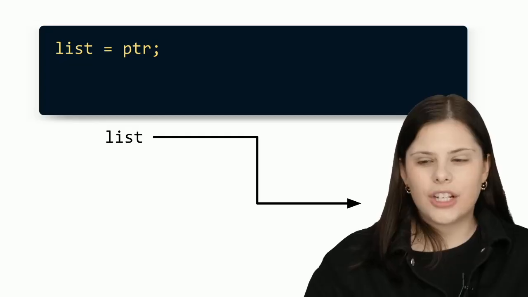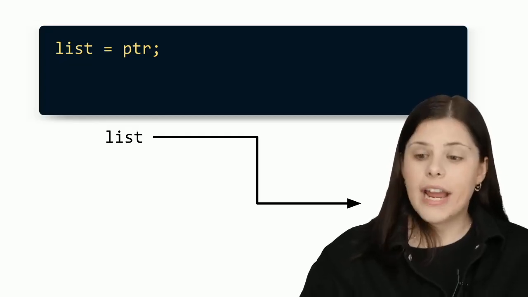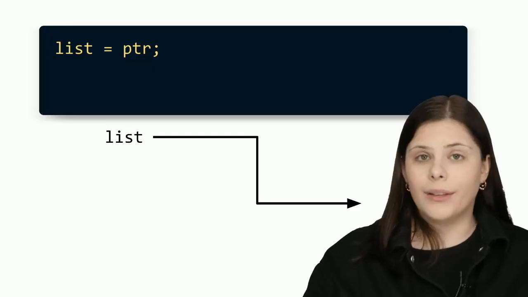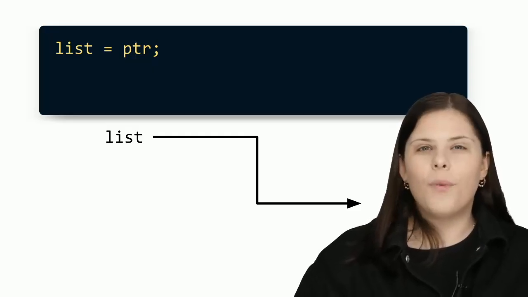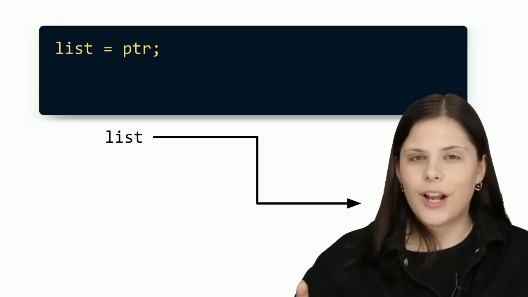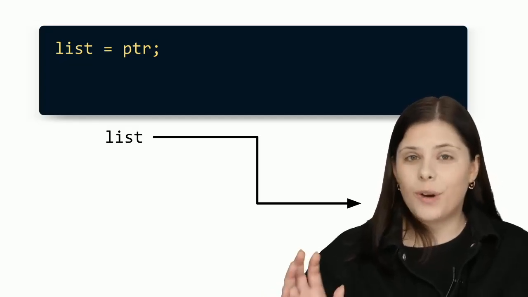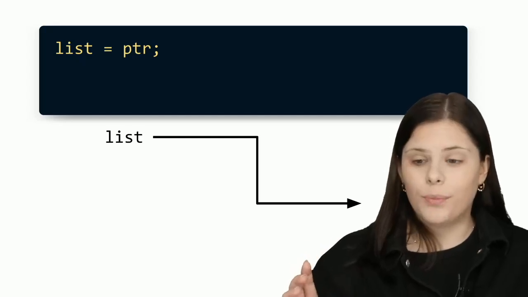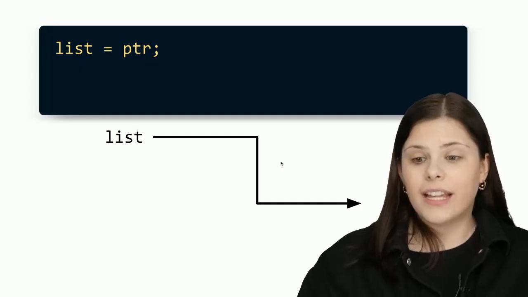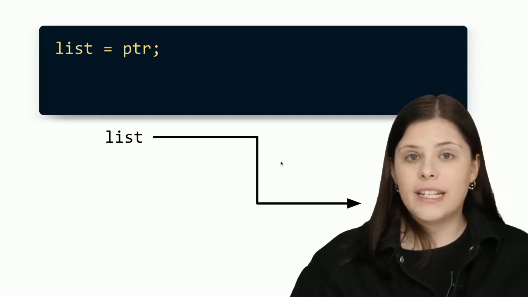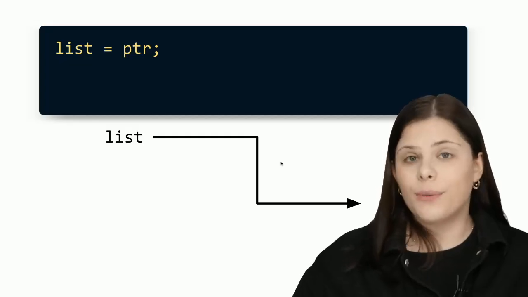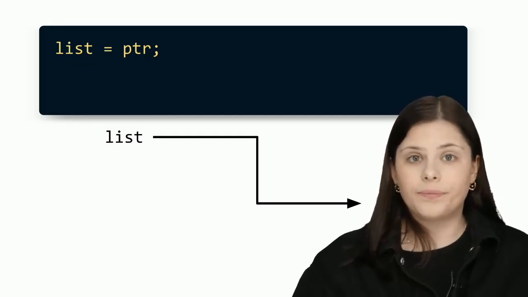Okay, so some people are suggesting a while loop. That's a good intuition, but what Boolean expression do we want to put inside of that while loop? Yeah, exactly. If PTR is equal to null, or list equal to null, we're done.